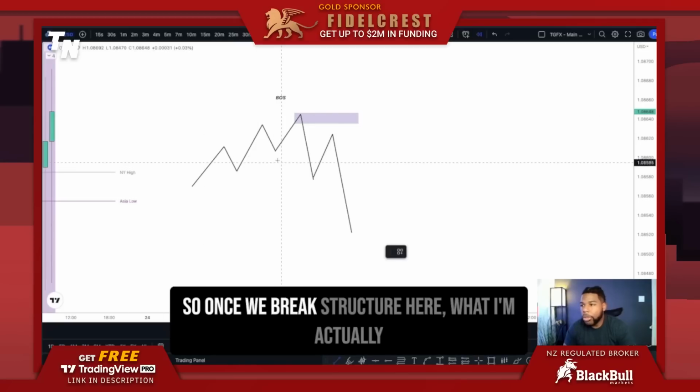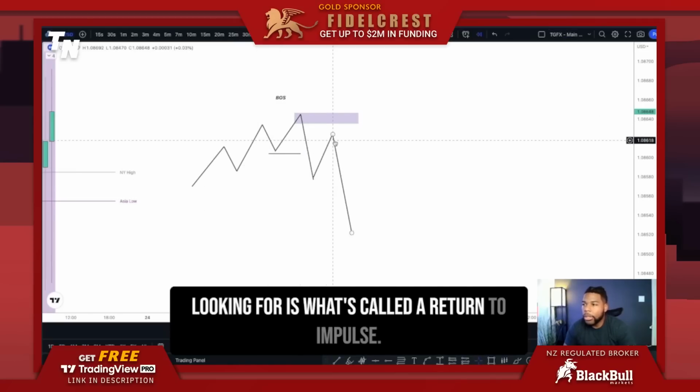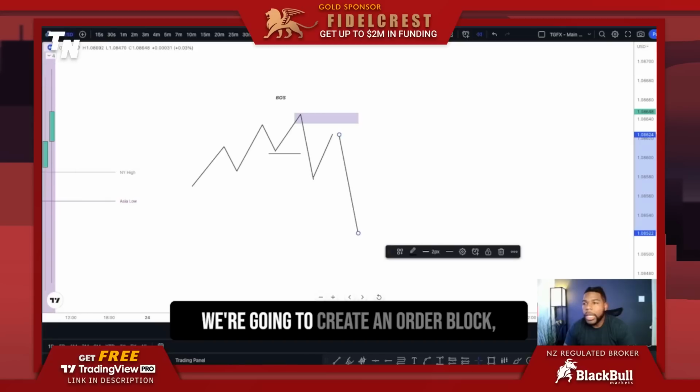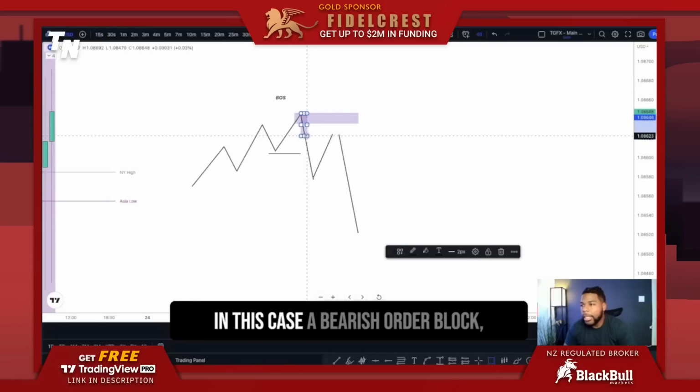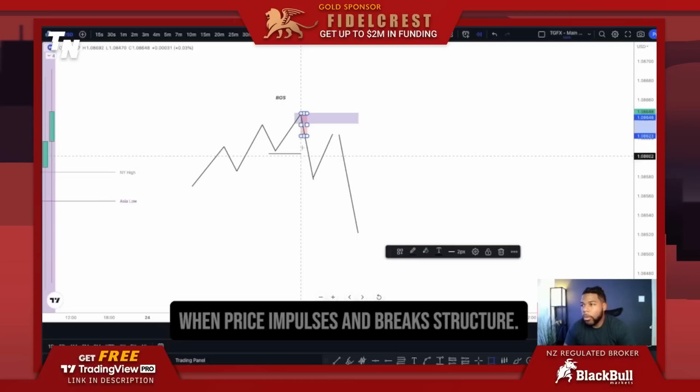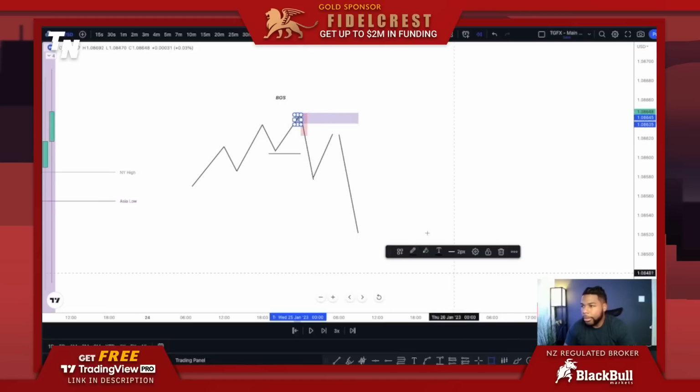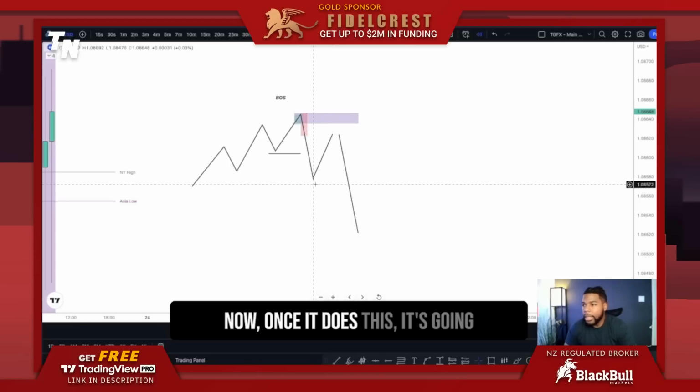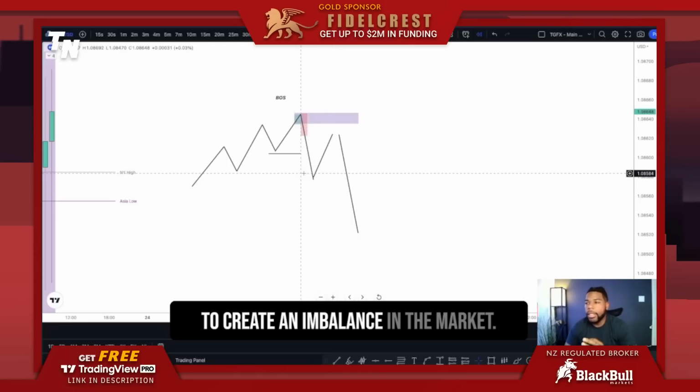So once we break structure here, what I'm actually looking for is what's called a return to impulse. We're going to create an order block, in this case a bearish order block, when price impulses and breaks structure. Okay, now once it does this, it's going to create an imbalance in the market.